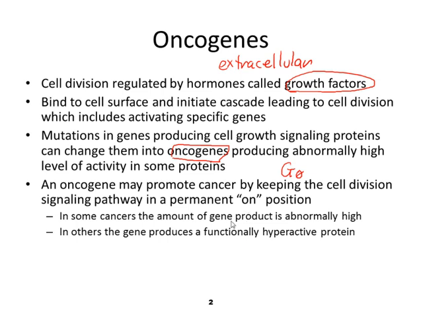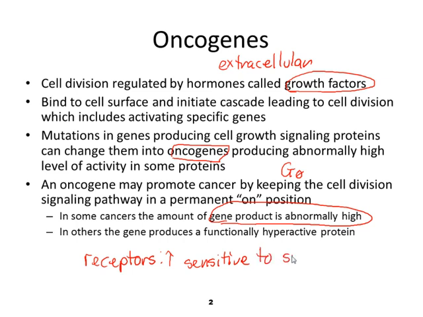Now, how can a proto-oncogene be turned into an oncogene? Why is it on? It could be that the gene product is produced at high levels. For example, this can happen in receptors. If that receptor is made at an artificially high level, ultimately it's going to be sensitive to even small amounts of growth factor.